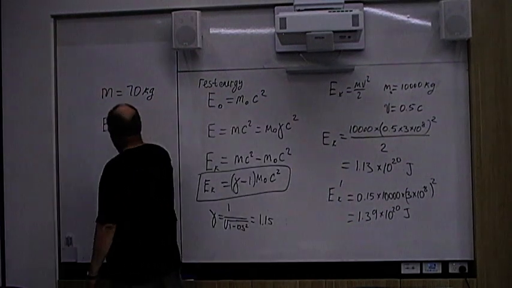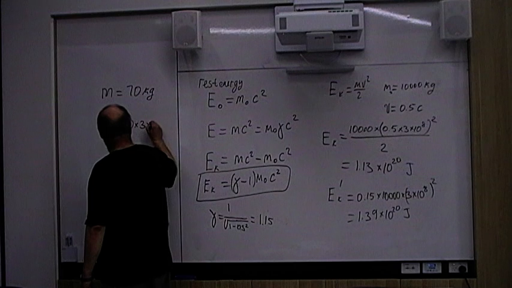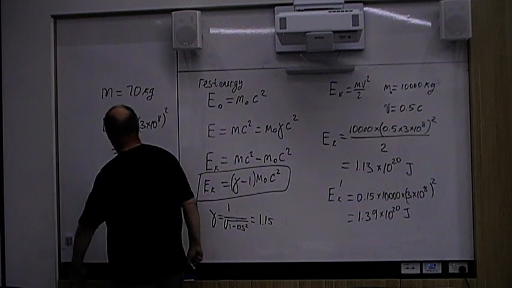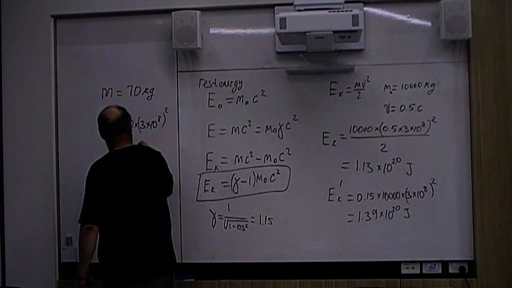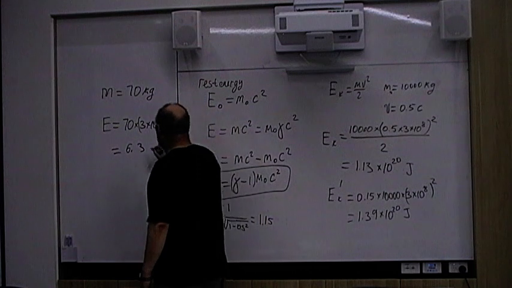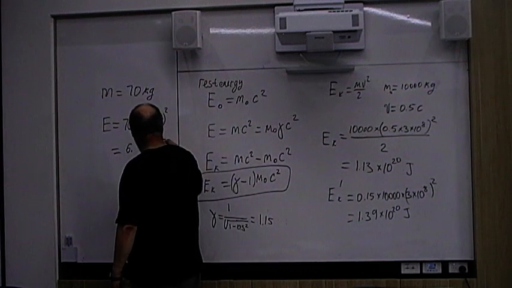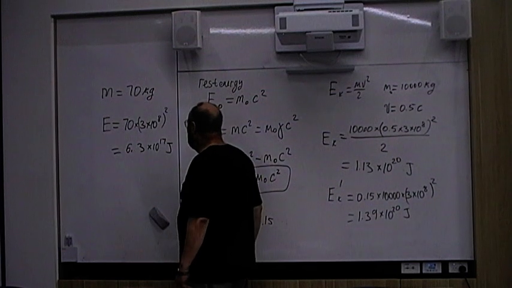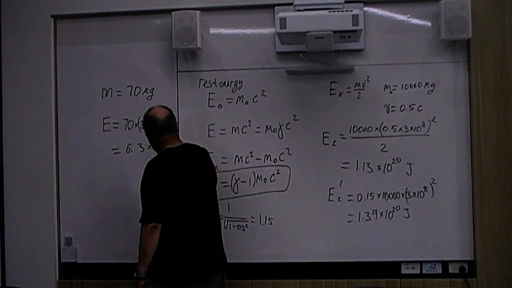So mc squared: 70 times 3 times 10 to the power of 8, squared, which will be equal to 6.3 times 10 to the power of 18 joules.